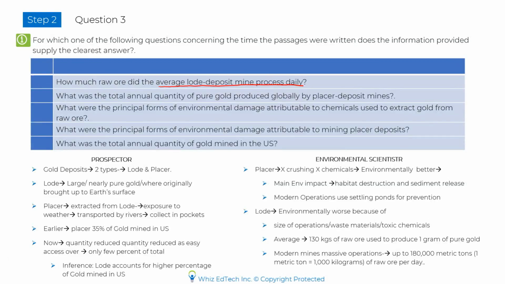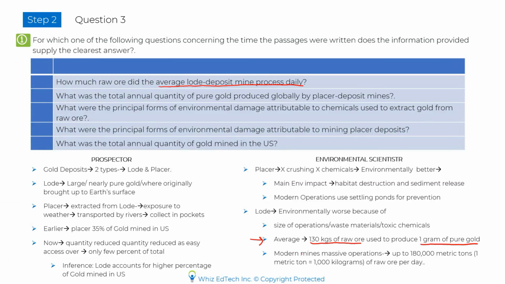What average have we been given? We have been given that on average 130 kilos of raw ore is needed to produce 1 gram. But how many grams are produced every day, or how much raw ore is processed a day? Do we know that?